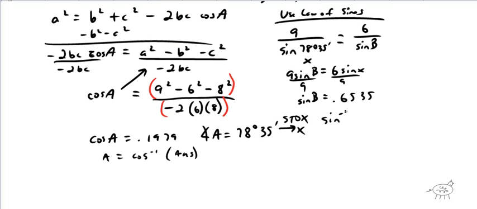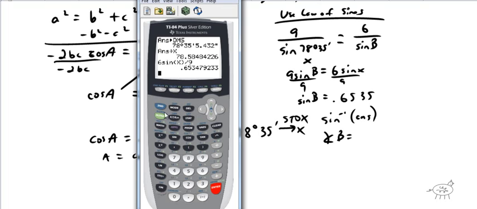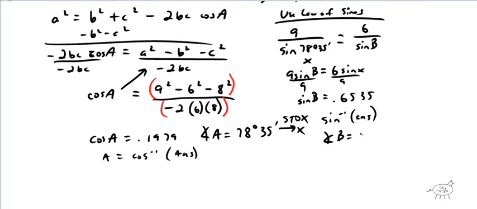Then we do the inverse sine of that, which is inverse sine of answer. So we get angle B equals, let's do that. So second sine of answer, close parenthesis, it's a good habit, and we get 40.80, so we'll convert that into degrees, minutes, and seconds, number 4, and we get 40 degrees, 48 minutes.